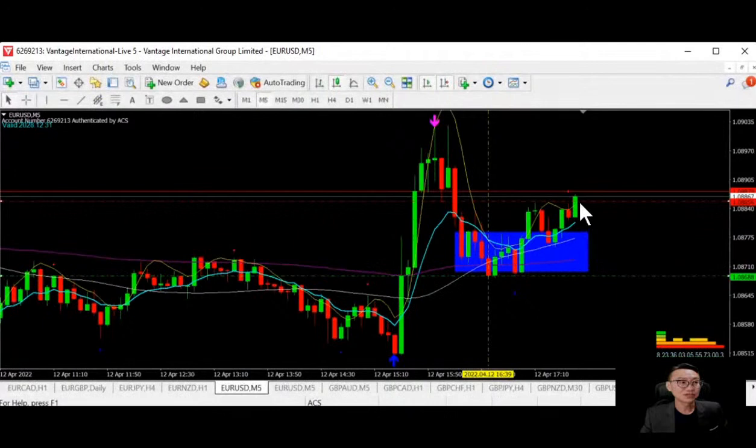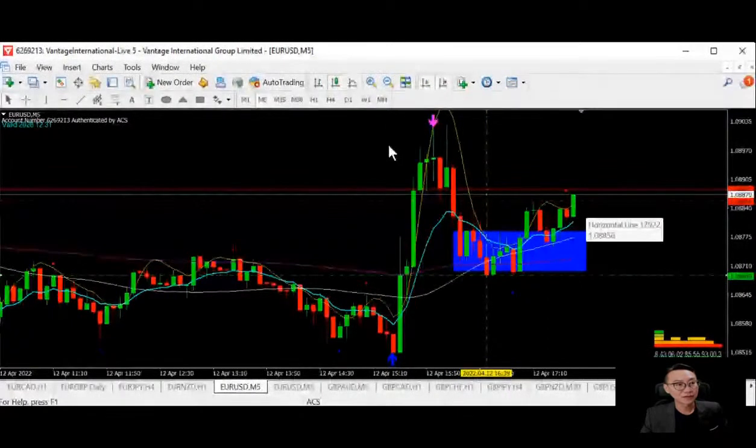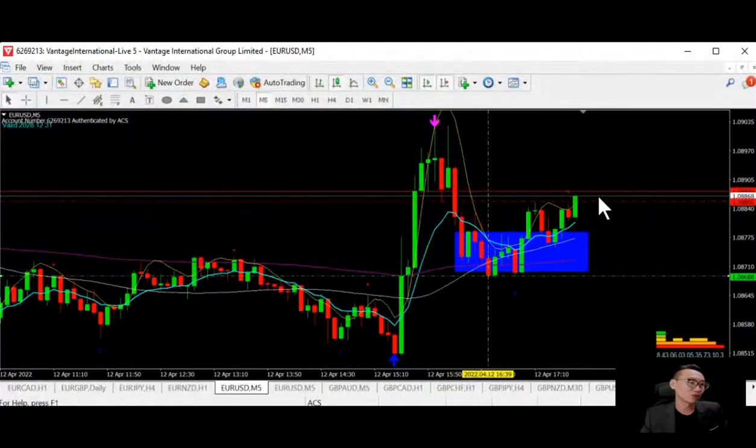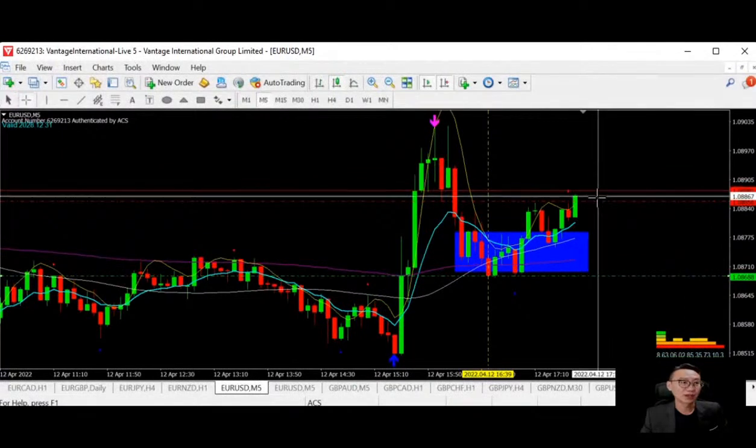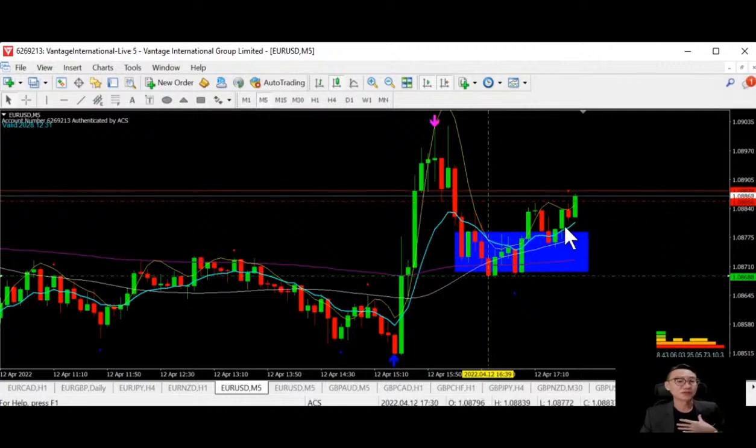Of course, if this starts to swing up and comes back to test this resistance with buying, this will cut the trade. For me, I will cut the trade here. So probably I'll be suffering almost the same ratio, 1:1. So for this, I will cut the trade over here.